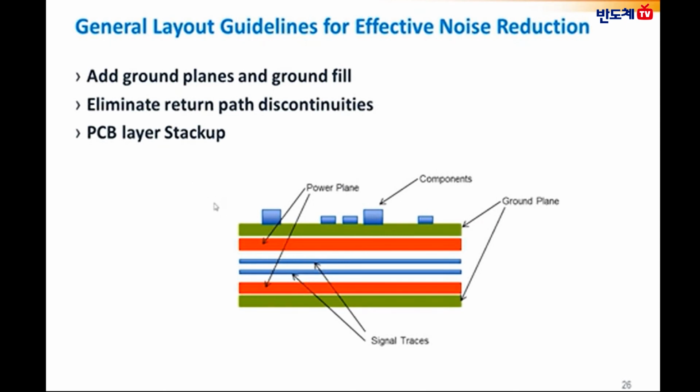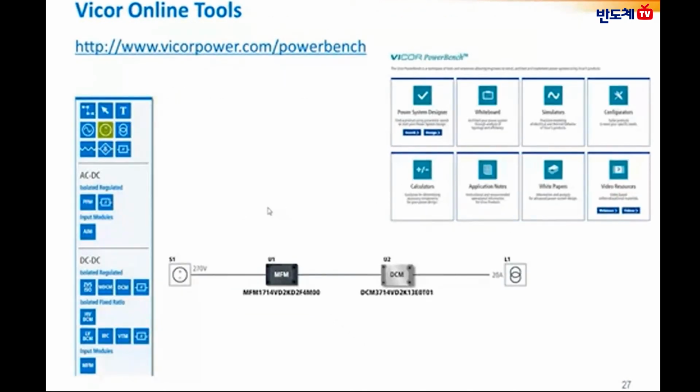Similarly, the startup as well as steady state conditions and also the thermal operating ranges can be simulated in the simulators, and various app notes are available on how to use Vicor power components as well as general theoretical concepts which are applicable for designing a good power system.